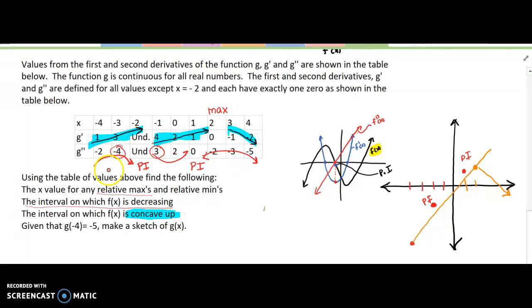And now I'll look at my concavity. I was increasing, but concave down because I have a negative second derivative. So I'll increase, but concave down. And then I have more increasing, but now I'm concave up.